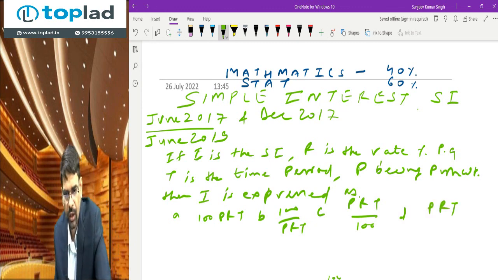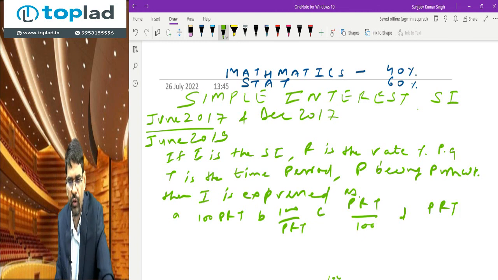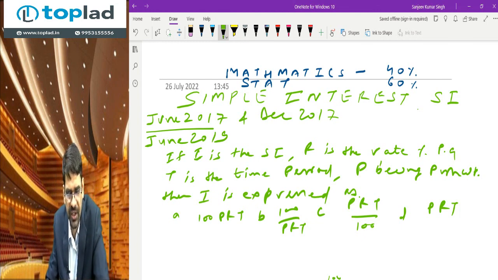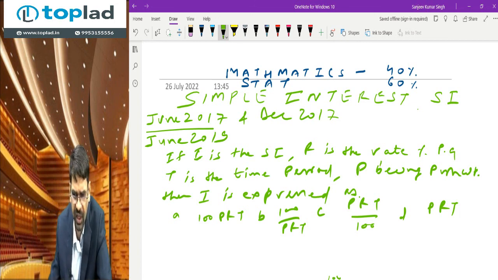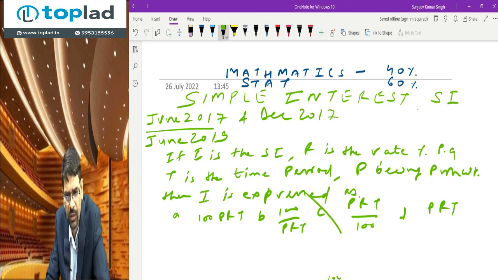Which one is correct? So this is the question of your June 2019 attempt. Just a formula based question your institute asked. If you really remember the formula, within a second you can take the answer. The correct answer is C. This is the formula based question asked in the June 2019 attempt.